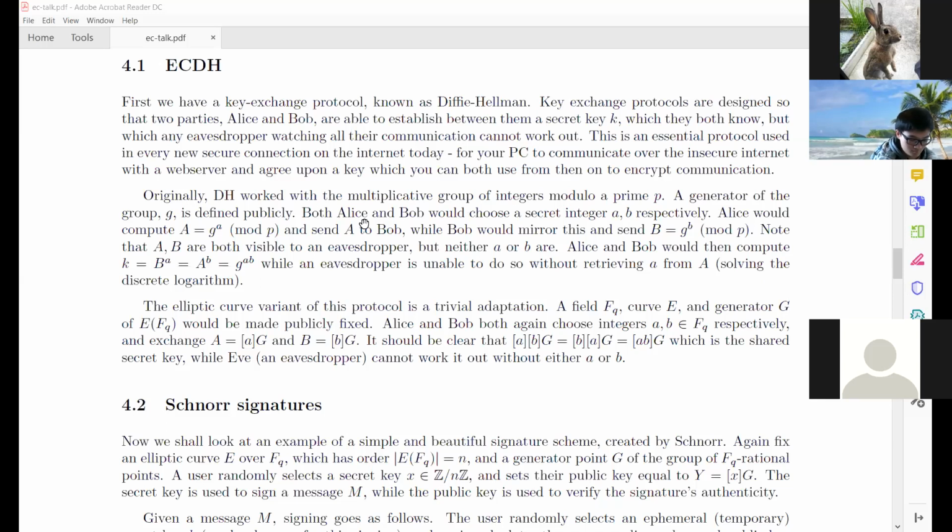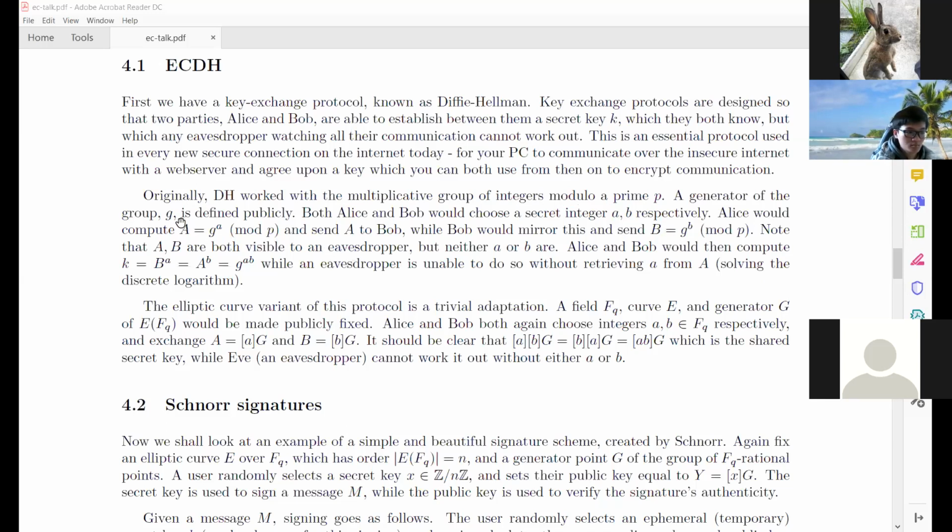Then both Alice and Bob would choose a secret integer a and b, Alice's is a and Bob's is b, and would compute g to the power of that secret integer modulo the prime p.